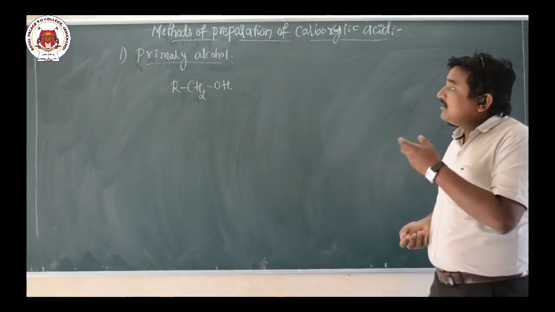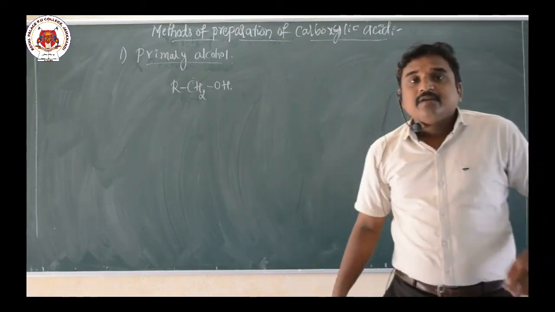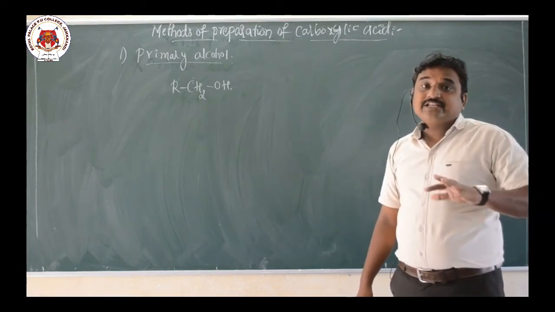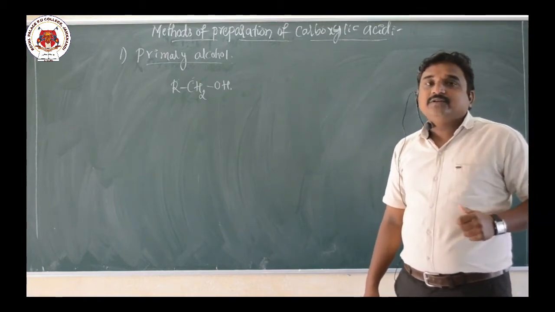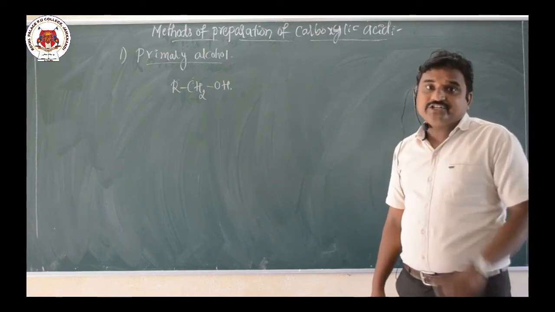So primary alcohols undergo oxidation in the presence of KMnO4, potassium permanganate, or potassium dichromate K2Cr2O7, or chromium trioxide in acidic condition.